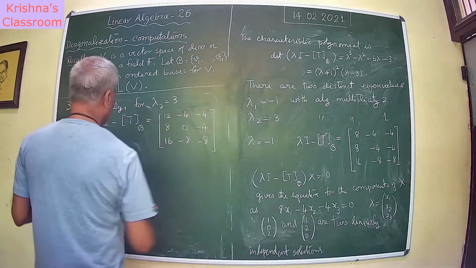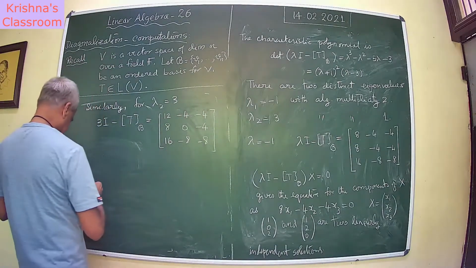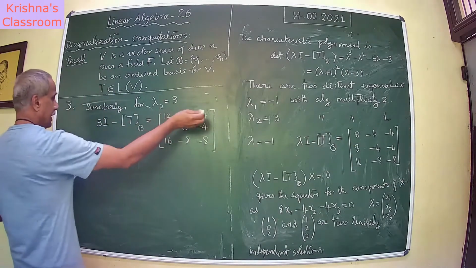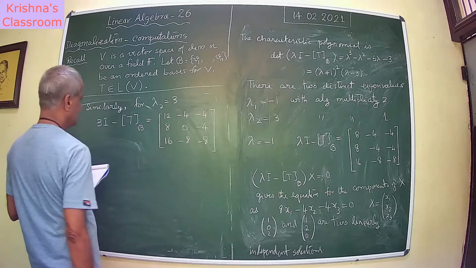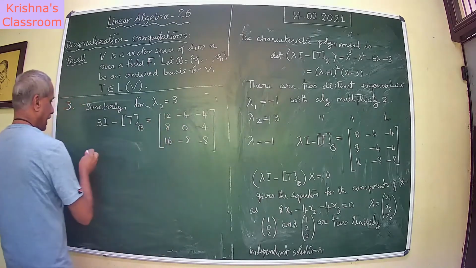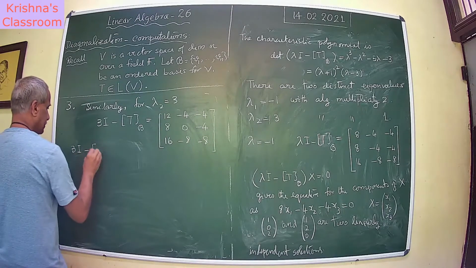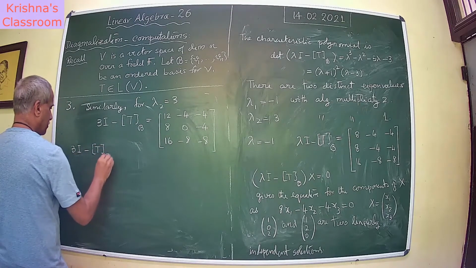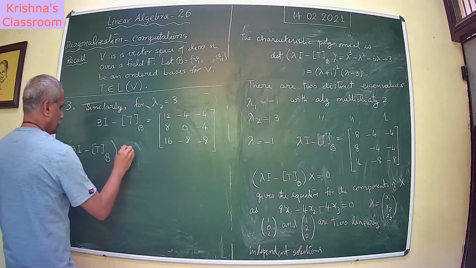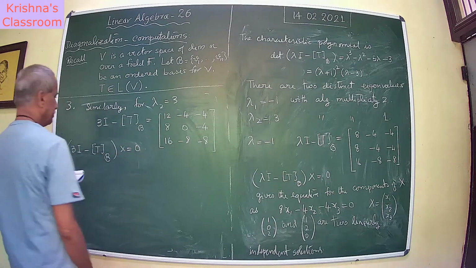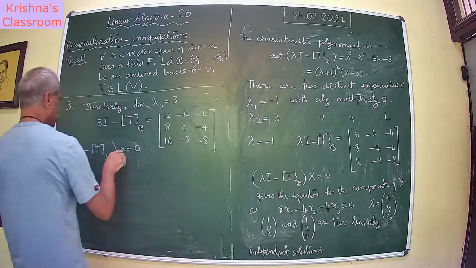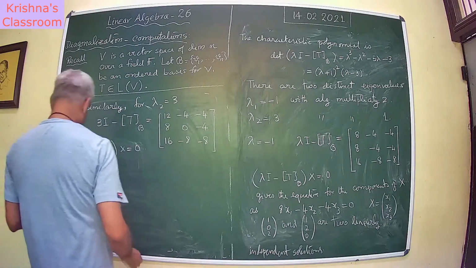So you have two equations to simultaneously consider. I am looking at this 3I minus A times x equal to zero. So I get two equations to determine the components of x.